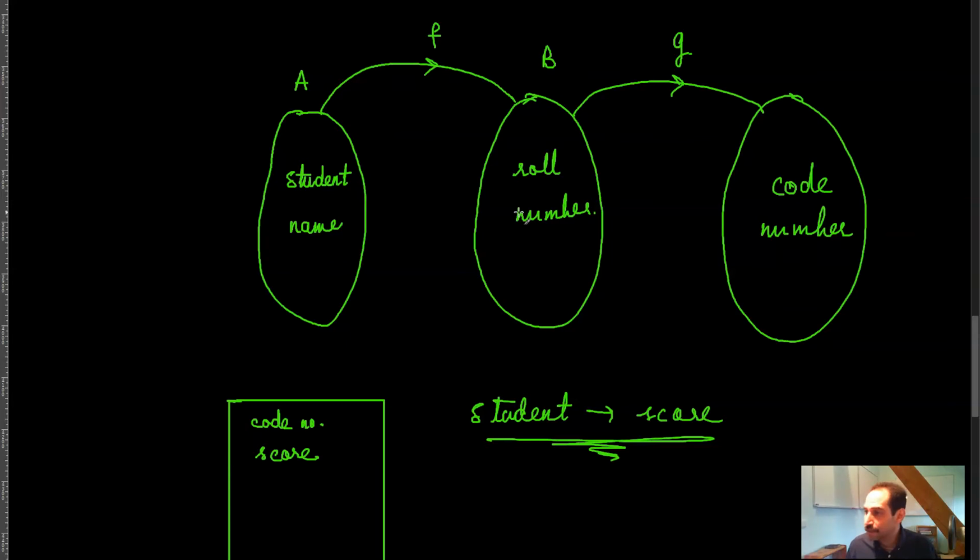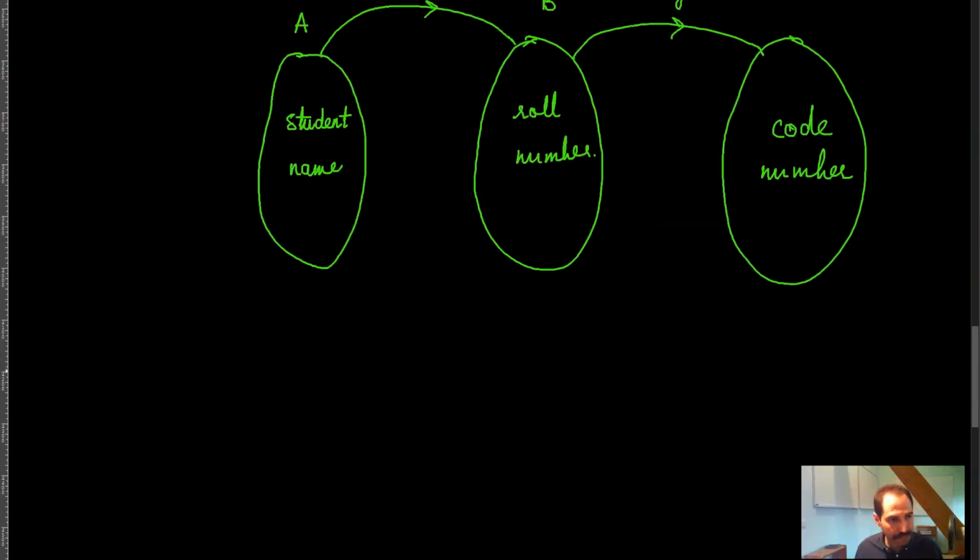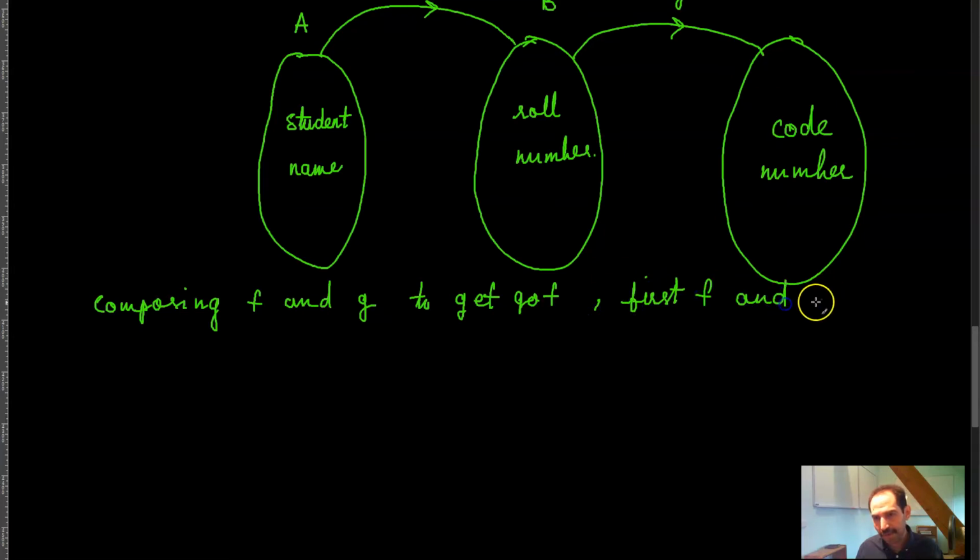So this last part is important. What it's saying is that we observe that while composing f and g to get g o f, first f and then g was applied.